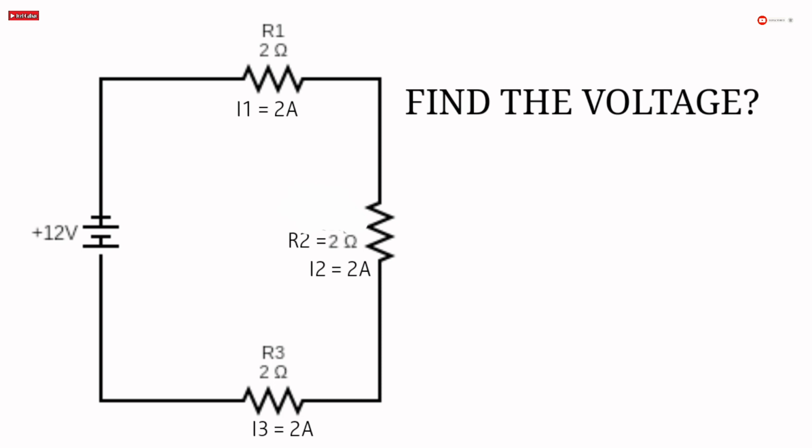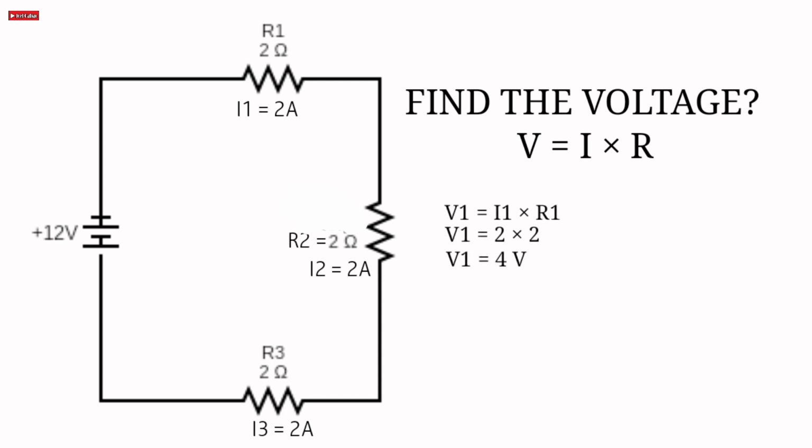After this, we will now find the voltage across each resistor. By the formula of voltage, V is equal to I times R. We know that in series, the voltage across the circuit is the sum of the individual voltage drops of each component. So V1 is equal to I1 times R1.